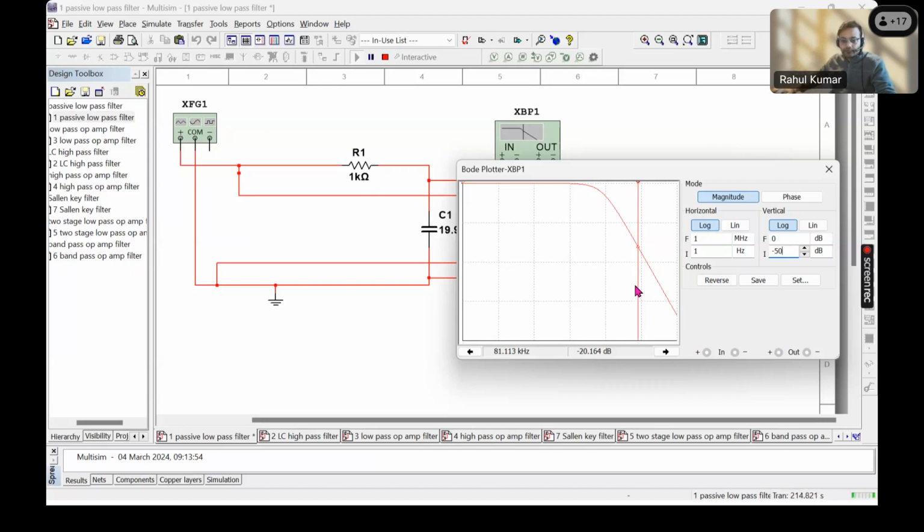Or if you want to calculate the slope in dB per decade, we started from 40 and the gain was minus 14. So a decade will be 400. You'll have to go all the way up to 400, 409.